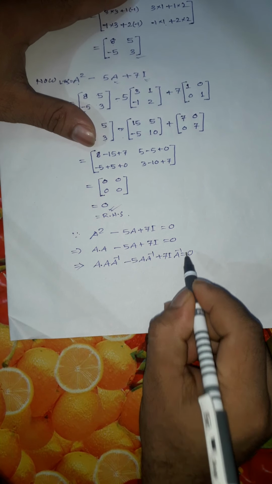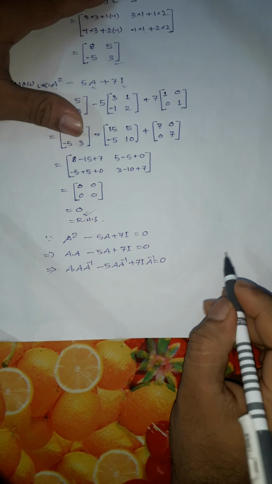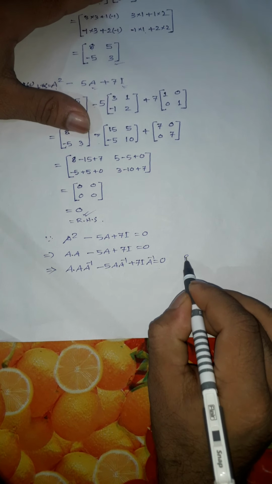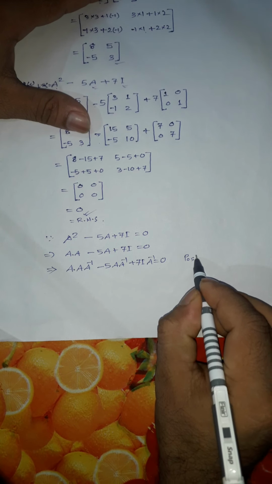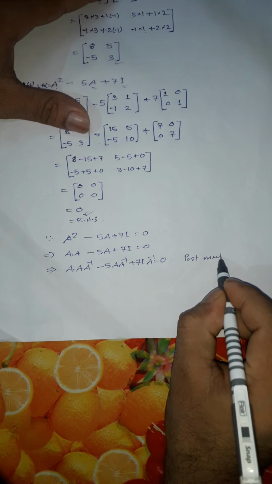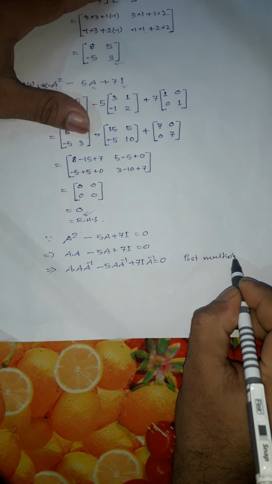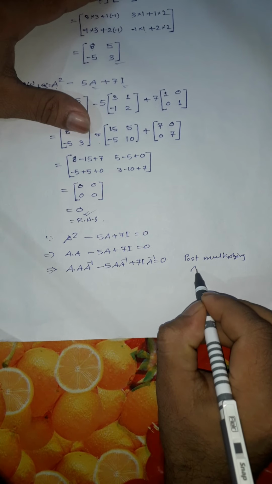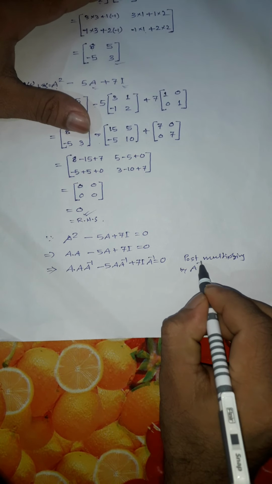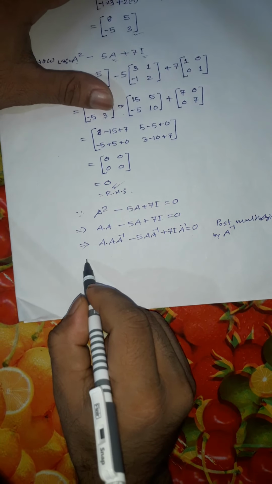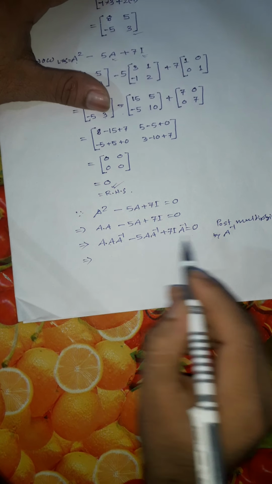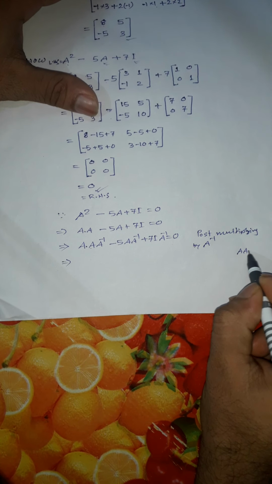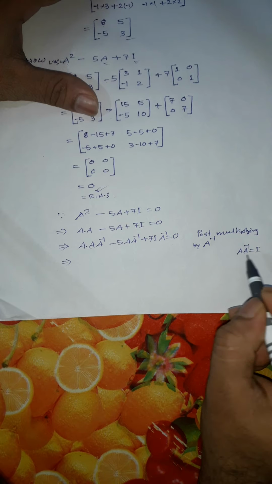Zero into A inverse will be 0. 0 is a matrix, 0 matrix, null matrix. So you write down here, post multiplying by A inverse. Now you see A into A inverse is an identity matrix.